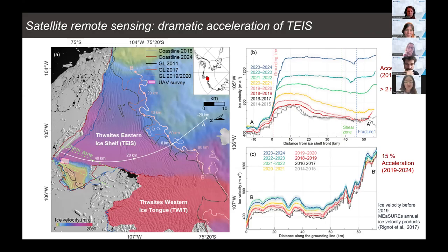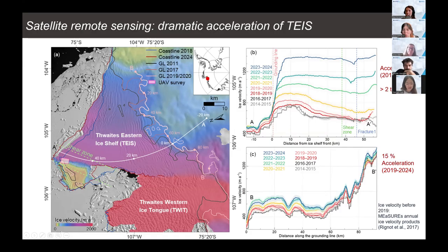The red top figure shows velocity change along the profile A to A prime. Before 2018, the ice velocity was quite stable. But from 2018 to 2019, the ice velocity near the grounding line started accelerating. And shortly after that, the ice flow near the pinning point in the north also accelerated.